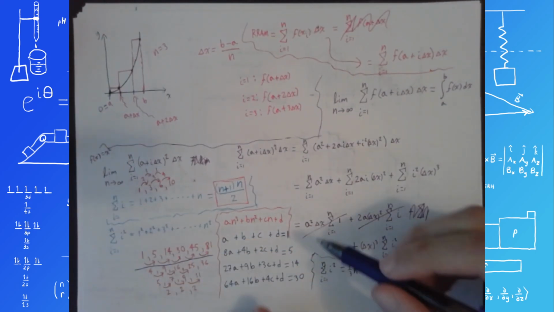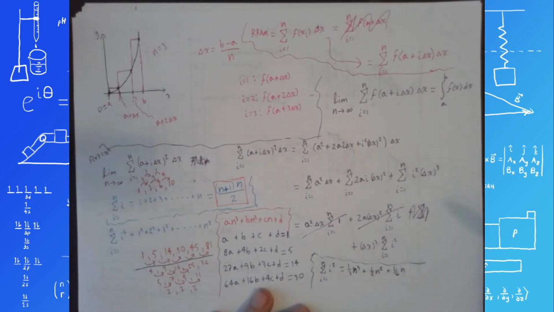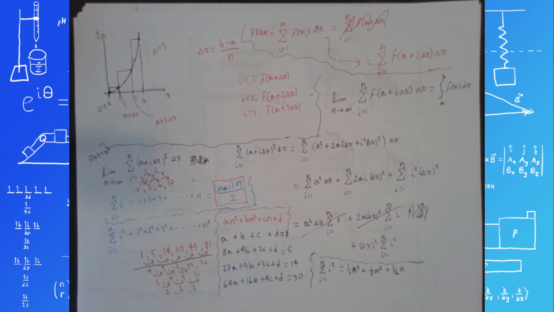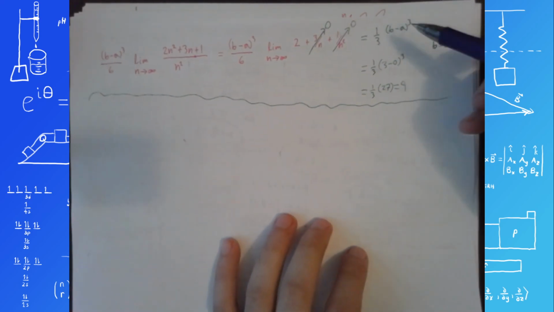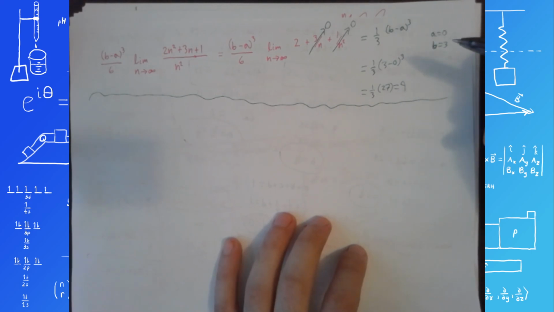Yeah, it was because I plugged in a equals 0 and I eliminated those two terms. So if those two terms had been included, then that would have added enough stuff in here to then cancel a bunch of the things that I get from foiling b minus a cubed.